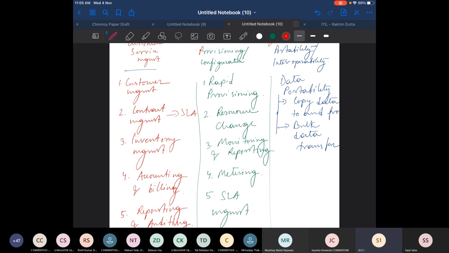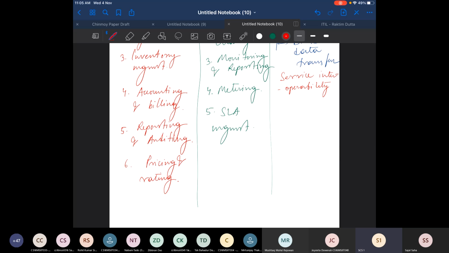Next is the service interoperability. It has unified management services, service interoperability. Then we have system interoperability.